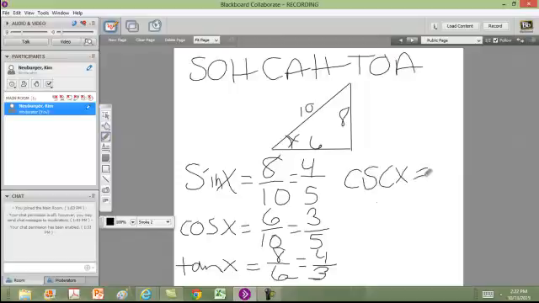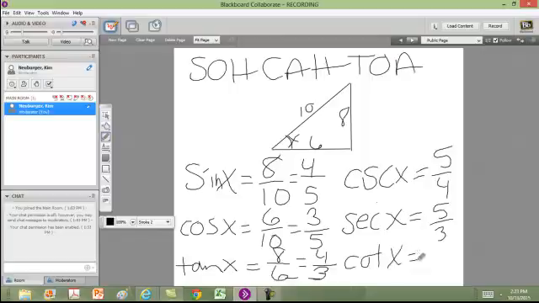If I flip the sine one over, I get 5 over 4. And cosine starts with a C, so it needs to go with secant because it starts with an S. So I can use the reduced form of 3 over 5, flip it over, and get 5 over 3. And then finally our tangent goes with cotangent. Take the reduced form of 4 over 3, flip it over, and you get 3 over 4.